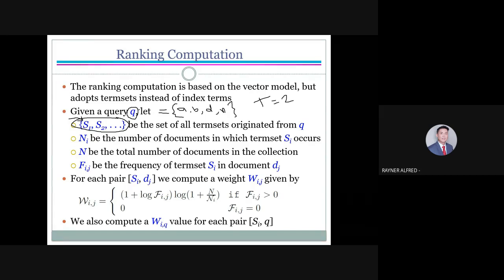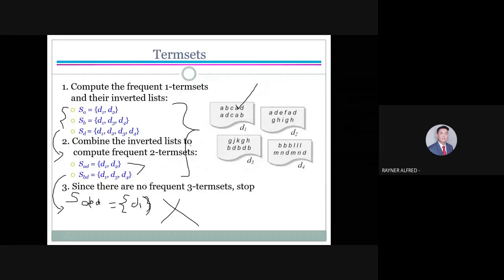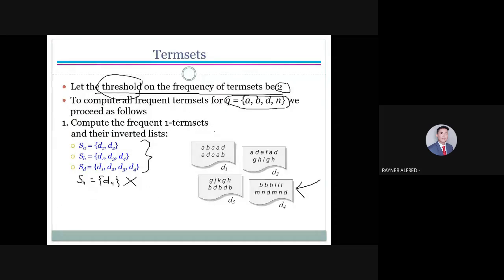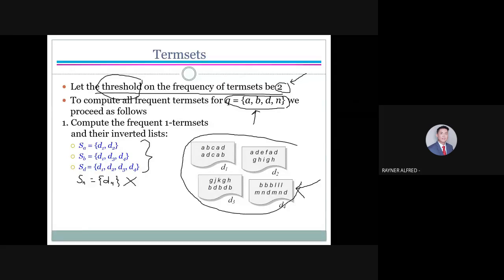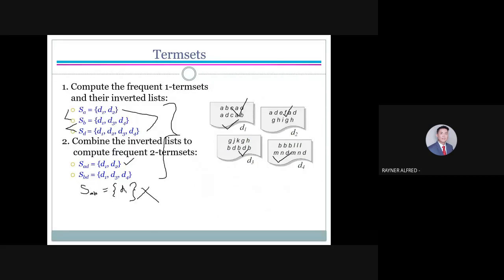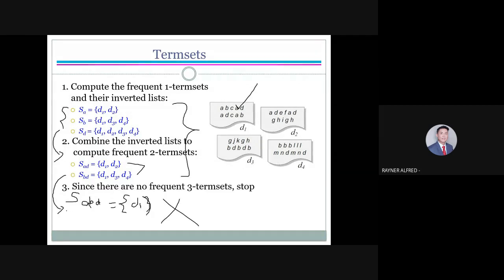So if our query is A, B, D, N, and the threshold is 2, based on the previous example, this is your query, this is your threshold, and these are your documents. We start from a single term, then we generate two terms, and then we stop. So how many do we have? 5.